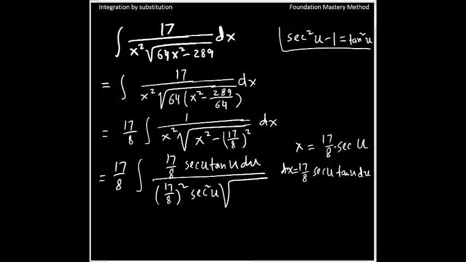So x will be replaced by this, so then you get 17 over 8 squared secant squared u minus 17 over 8 squared. So you can understand now that this constant I can factor out.